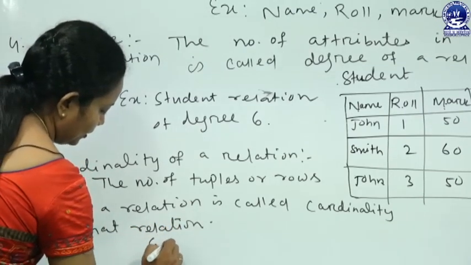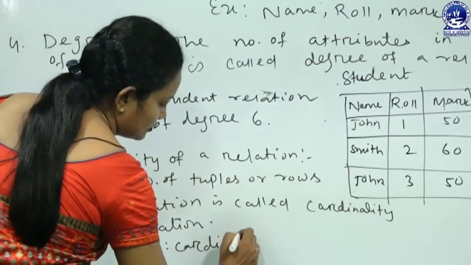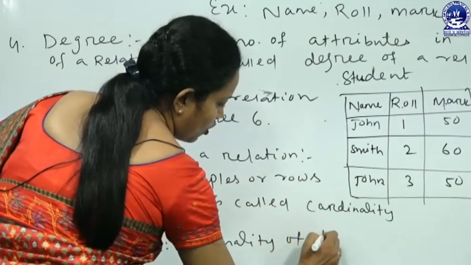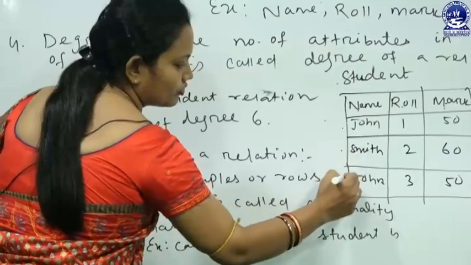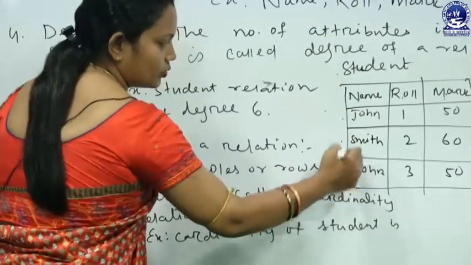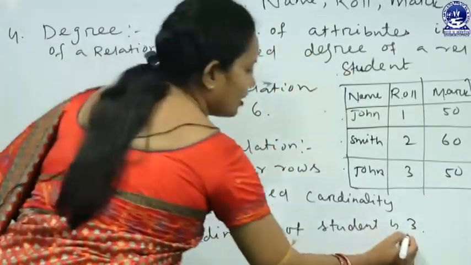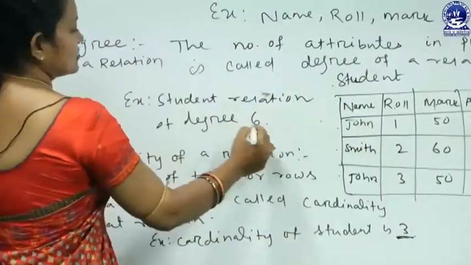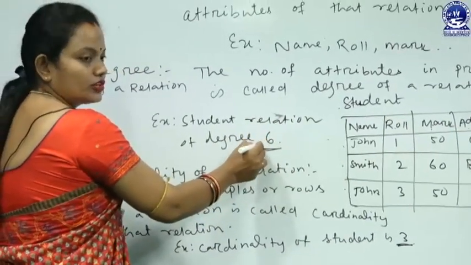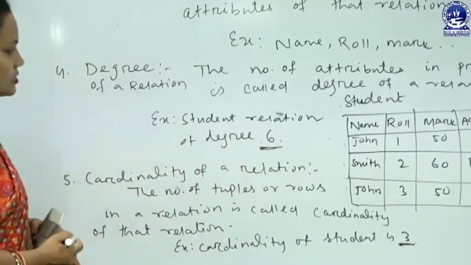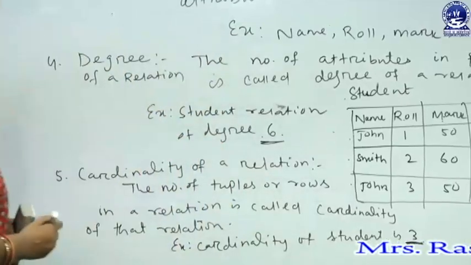So, for example, the cardinality of student relation is 1, 2, 3, because we have 3 tuples or 3 rows in the student relation. So, cardinality of student relation is 3 and degree of student relation is 6, because we have 6 attributes in student relation. And we have 3 rows, that is why the cardinality of that relation is 3.